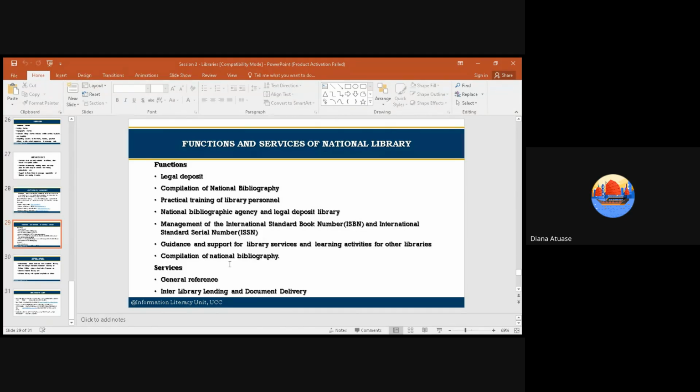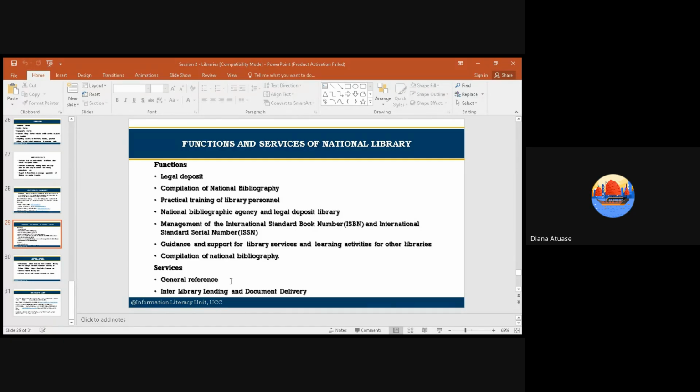So as an author, if you don't get that number, it means that your book is not standard. Though they provide those numbers, they also provide them for serials and other publications. So the National Library provides a lot of materials. They also provide general reference materials. So when you visit the National Library, you have a lot of materials.